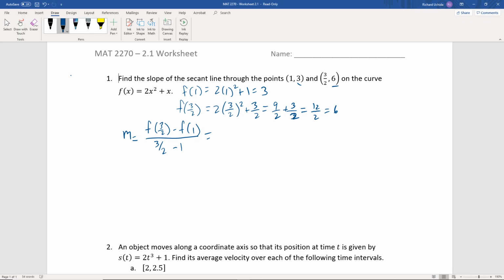So f(3/2) was 6, f(1) was 3, and then we have 3/2 minus 1. So that would be 3 over 1/2. And remember, dividing by a half is the same thing as multiplying by the reciprocal, which would be 2. So that would equal 6 for the slope of that secant line.